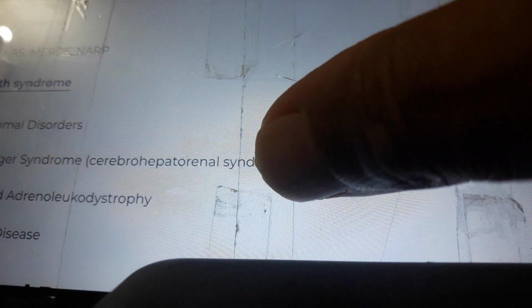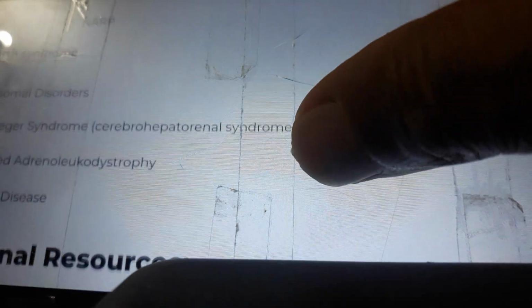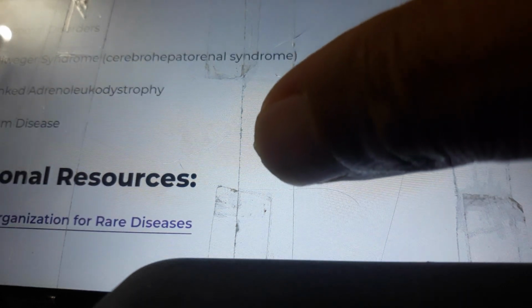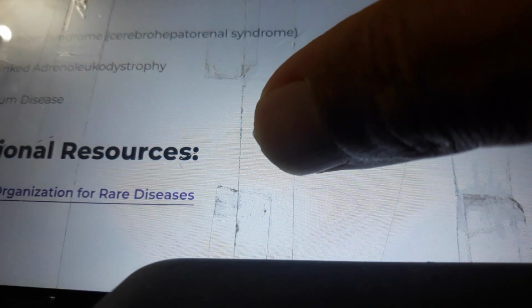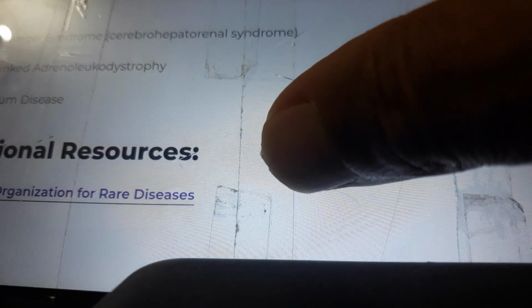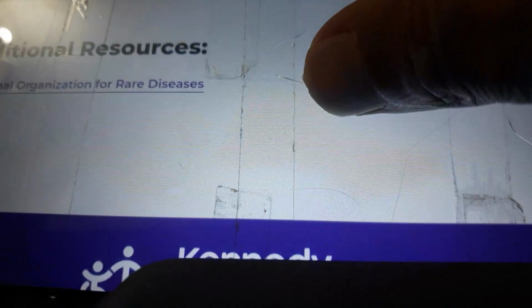Disorders of lipid metabolism, lipid storage disorders such as gangliosidosis, Tay-Sachs disease, Sandhoff disease, sphingolipidosis, Fabry disease, Gaucher's disease, Niemann-Pick disease, Krabbe disease, mucolipidosis, mucopolysaccharidosis, mitochondrial disorders, mitochondrial cardiomyopathies, Leigh disease, MELAS, MERRF, NARP, and Barth syndrome, peroxisomal disorders, Zellweger syndrome, cerebrohepatorenal syndrome, X-linked adrenoleukodystrophy, and Refsum disease.